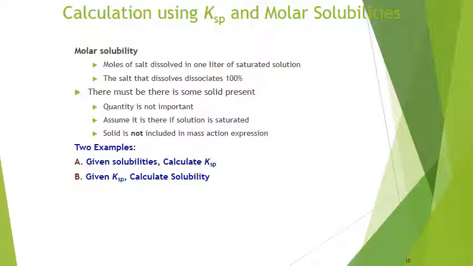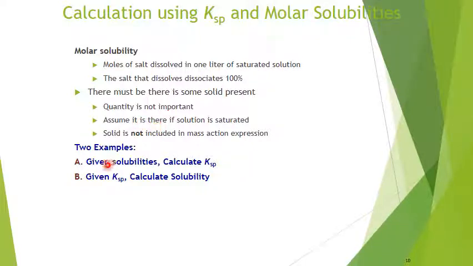So we're doing all these equations at that point where it's saturated. At that point, the rate of making ions is equal to the rate of making the solid product. So that's what's important about this situation.